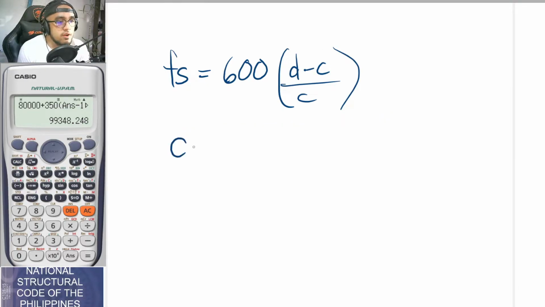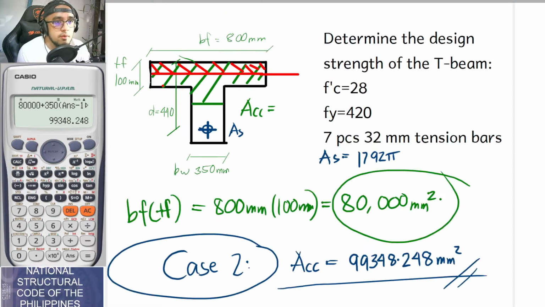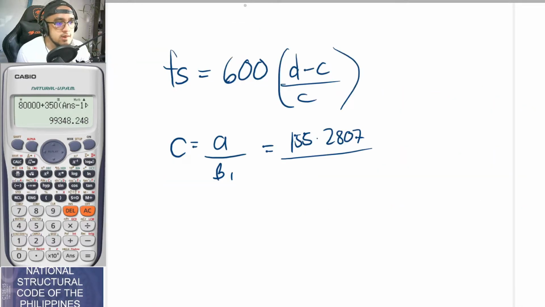The value for your C is equal to A divided by beta sub 1, and our A, once again, is 155.2807. Our beta sub 1 is 0.85, since our F prime C is 28 megapascal and lower, which is, of course, 28 megapascal.